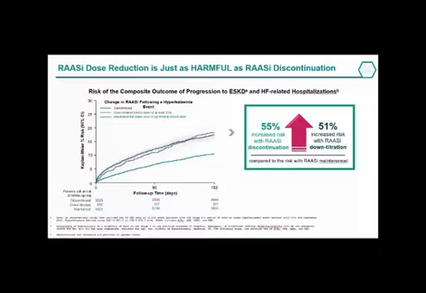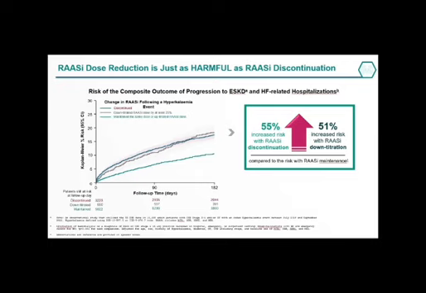Now, what will happen if you stop RAS inhibitors? When you stop RAS inhibitors, it is found that the mortality rate climbs steeply. When you discontinue or down-titrate, the risk of mortality increases drastically, whereas those people who are still on RAS inhibitors have a much lower mortality rate.